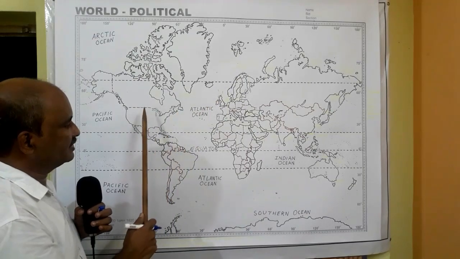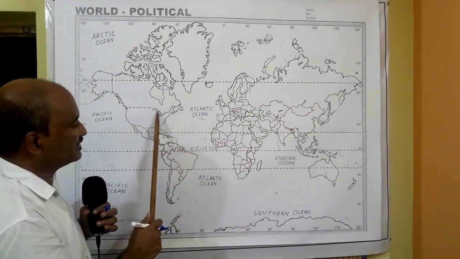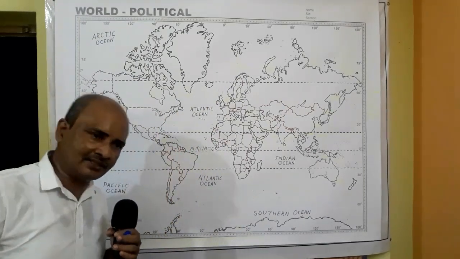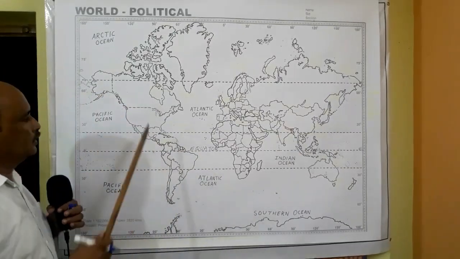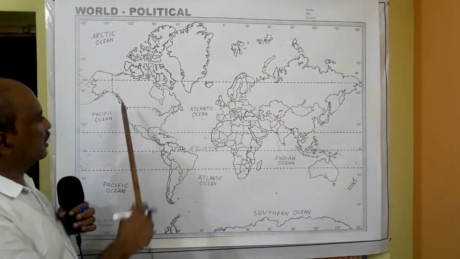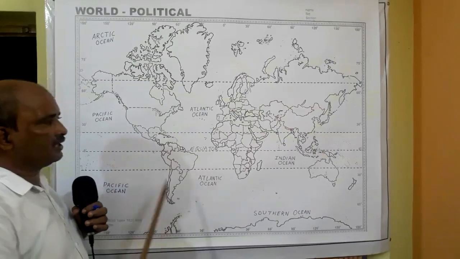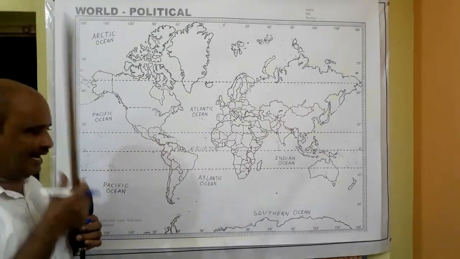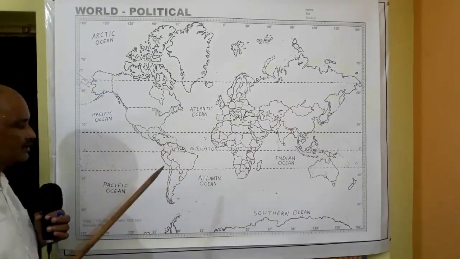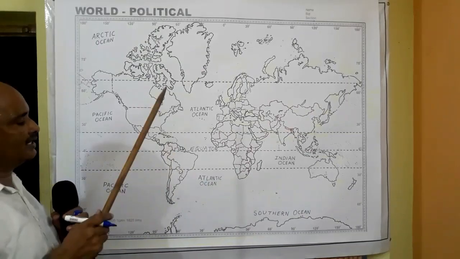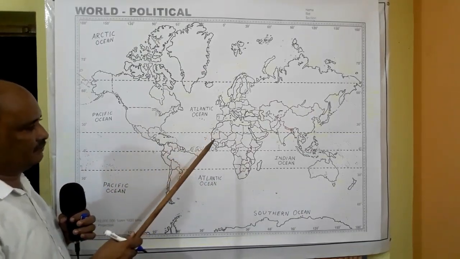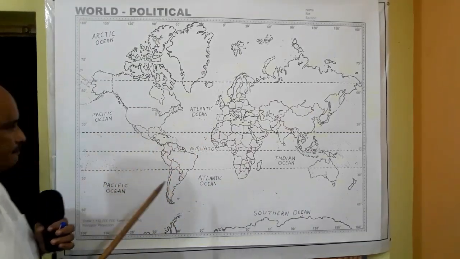So oceans divide or separate the continents. So these are the 7 continents which I said. Now let us see how we can classify them in different ways.